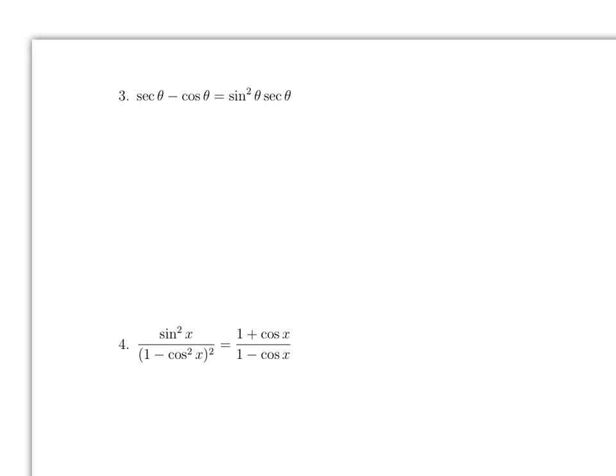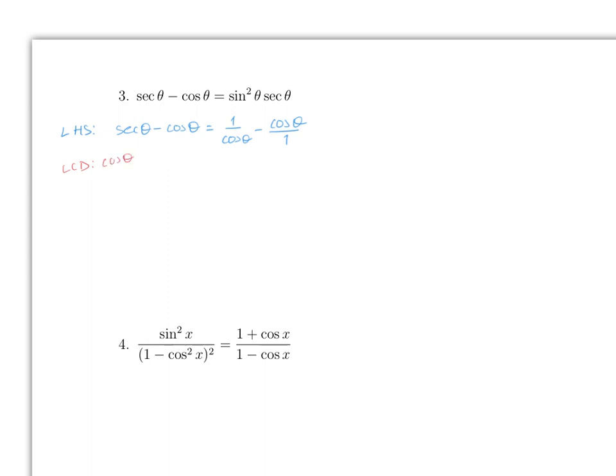Okay, so we'll start with the reciprocal identities. We're going to start on the left-hand side. Remember that we have secant theta minus cosine theta. Secant, remember, is 1 over cosine theta, and then here you have cosine theta over 1. So then you need to find the LCD, and the LCD of cosine and 1 is just cosine.